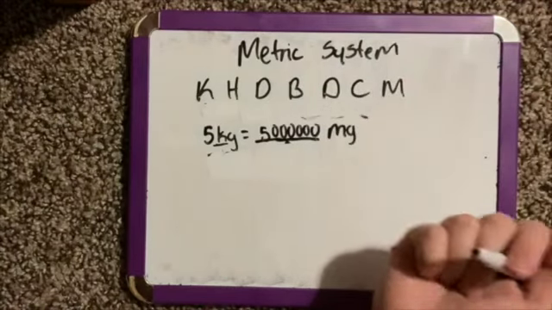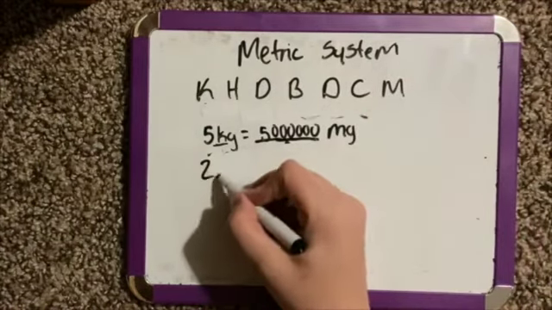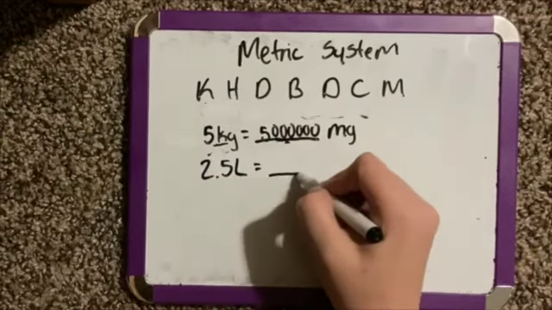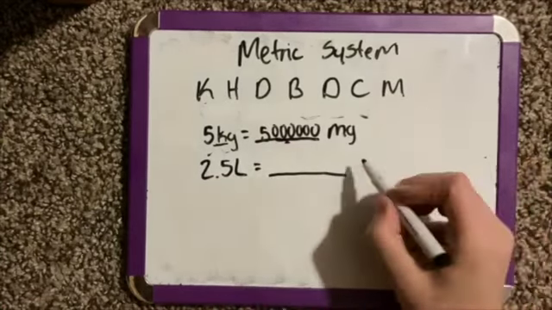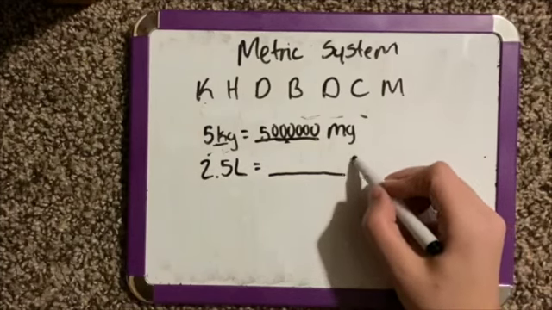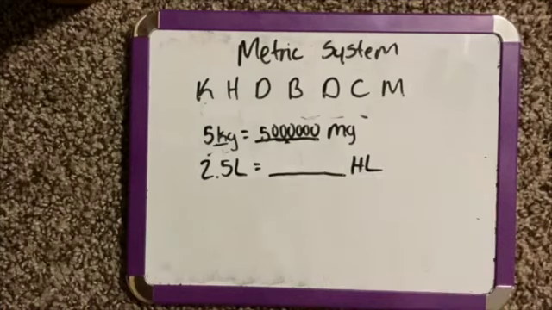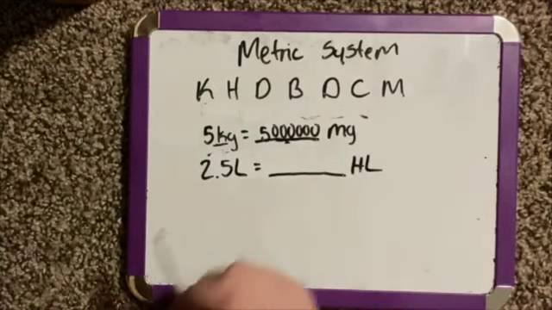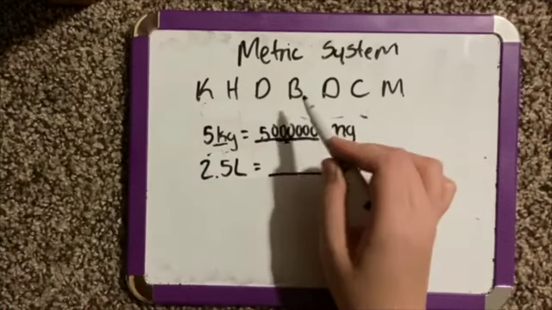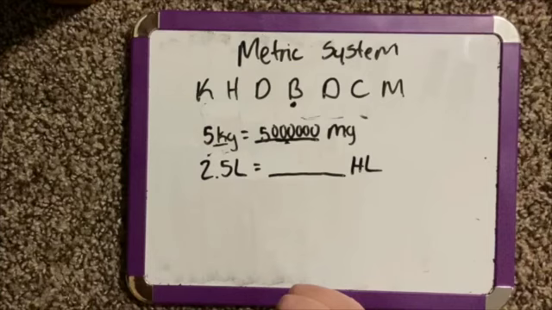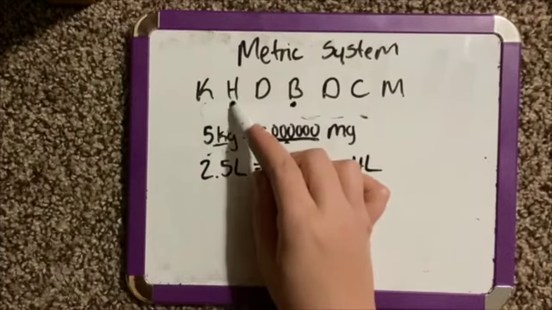All right, so if we do another example, let's do 2.5 liters equals how many hectoliters. So you notice here, this doesn't have a letter in the front. It's just an L. So that means it's at its base. And we are moving to hectoliters, which is the H right there.